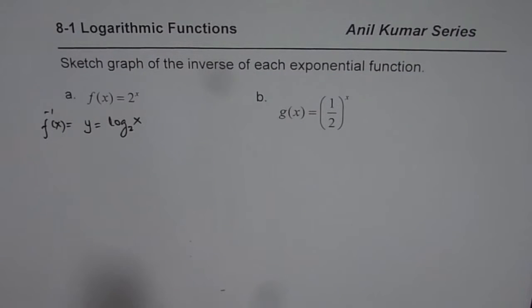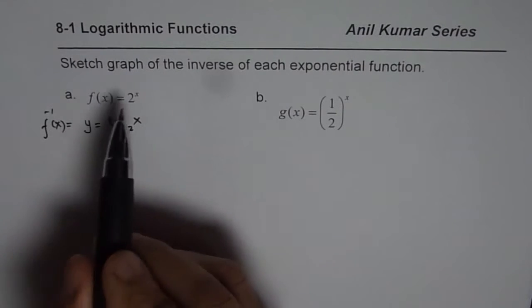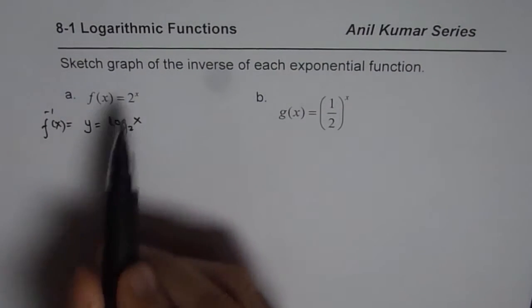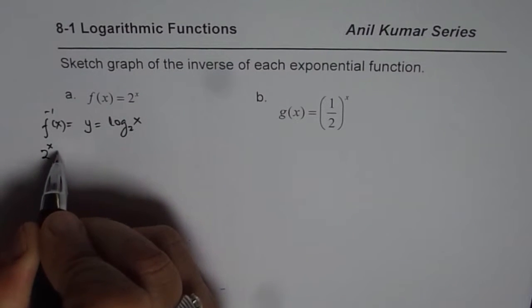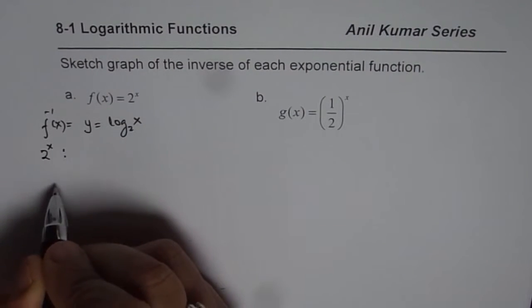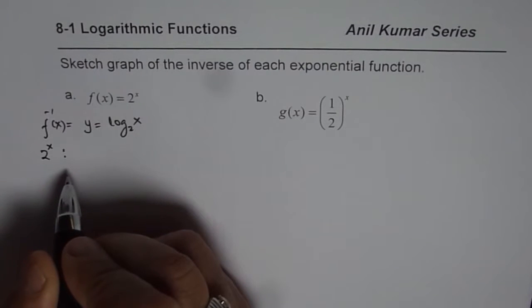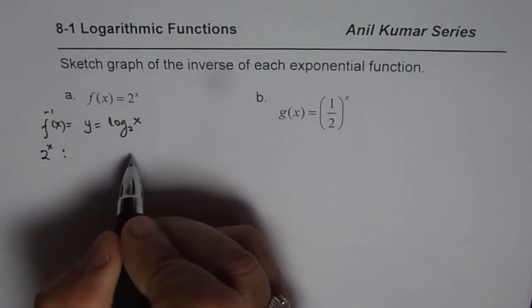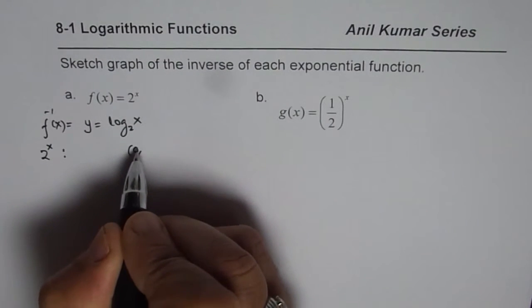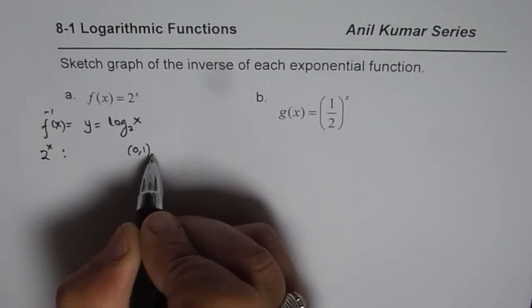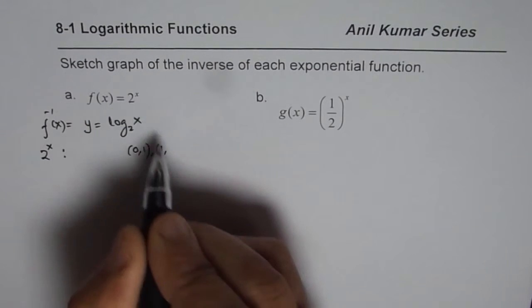Now there are a couple of ways to do it. One of them is you can consider key points of 2 to the power of x. So the key points for 2 to the power of x are what? Well, let me start from 0 and then list a few. Anything to the power of 0 is always 1, correct? And anything to the power of 1 is the base itself, right?